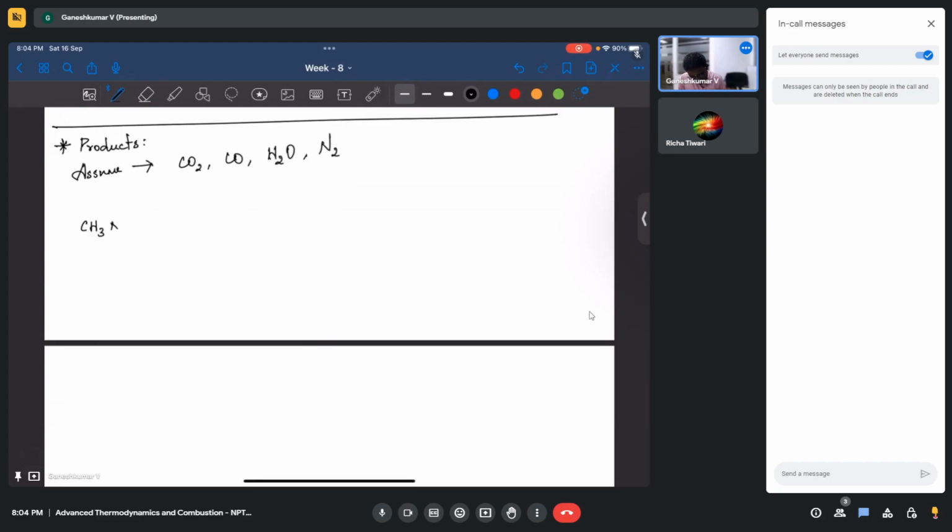So let's try to write down the balanced reaction again. So we have H2, N2O4, going to CO2, CO, H2O, and N2.